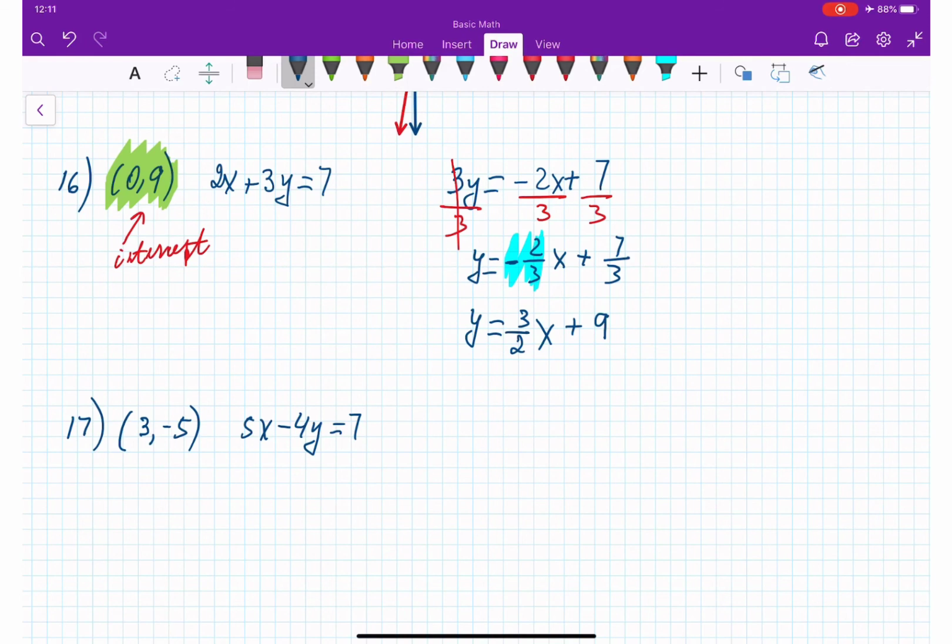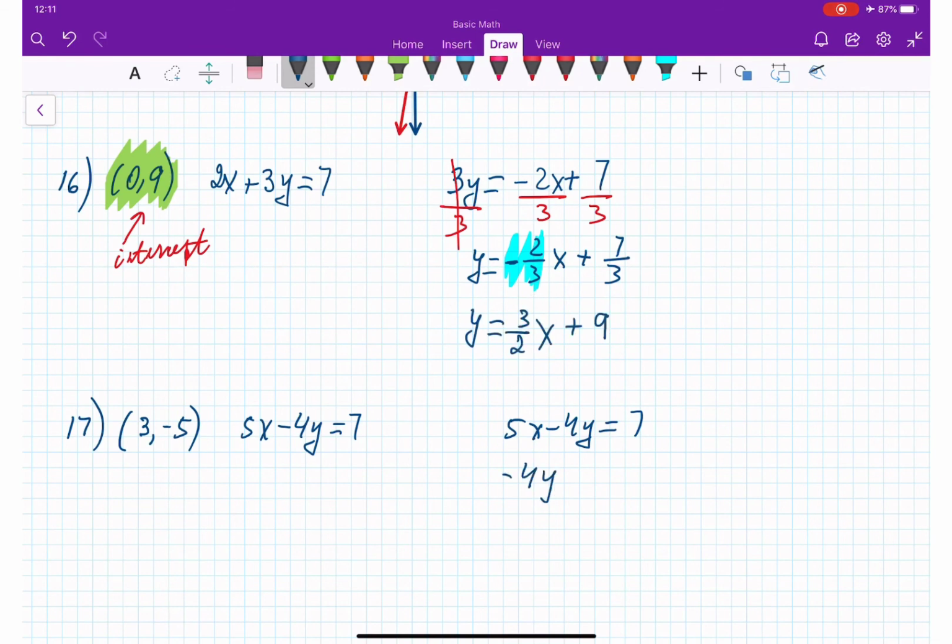So, first step, again, we need to find our y, yes? So 5x minus 4y is equal 7. This one, make it red, because that's what we found. Okay, so we need to find y.